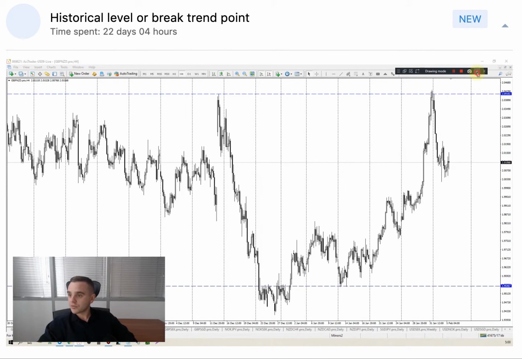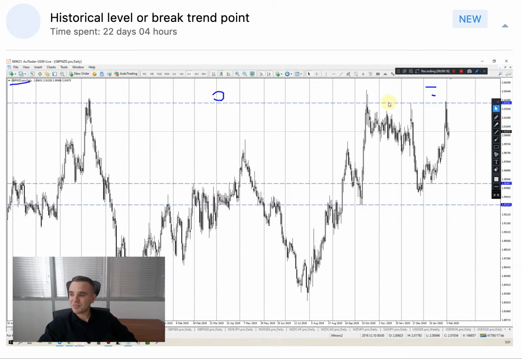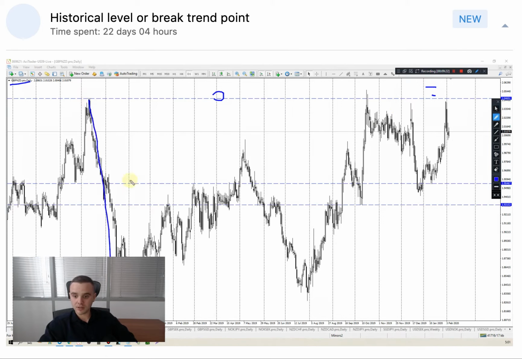Also this example, a trend change point on British Pound New Zealand. You can see that it's a place from which price made something really important, like here. Take a look at this powerful drop, this level, first reaction, this level, first reaction. It's an example of how you need to build it.